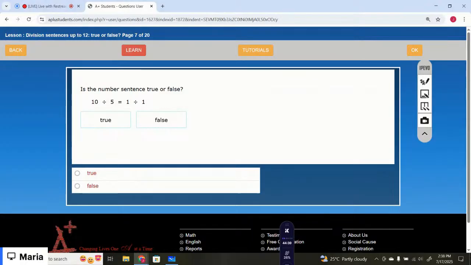Is the number sentence true or false? False it is. Very good. Option number 2 is the correct option.